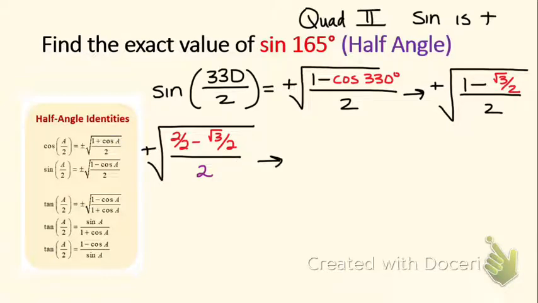So I'm going to split it apart and make it 2 fractions. My numerator is 1, because I have a common denominator, I can bring this together: 2 minus root 3 over 2.